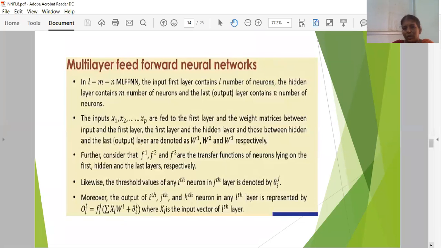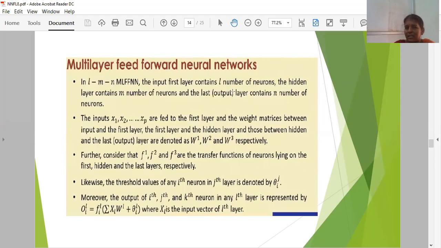Here, we have already seen the input layer contains L number of neurons, the hidden layer contains M number of neurons, and the output layer contains again N number of neurons. Between the first layer and the hidden layer you have a weight matrix. And again between the hidden layer and the last output layer, you have one more weight matrix.